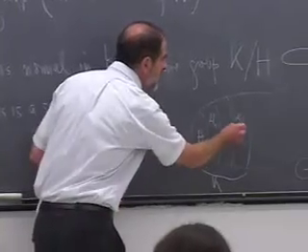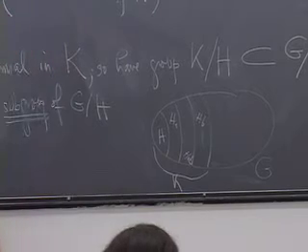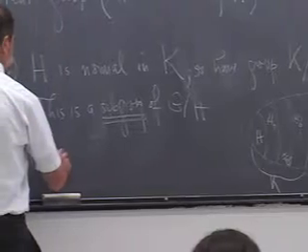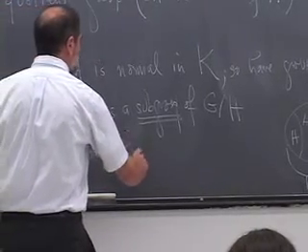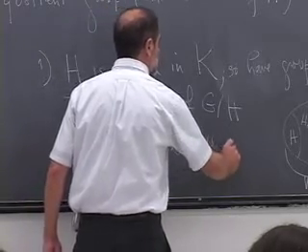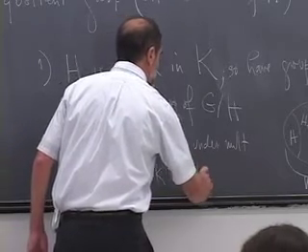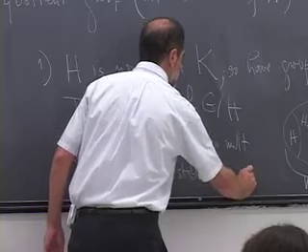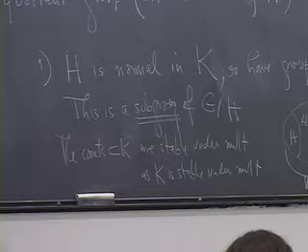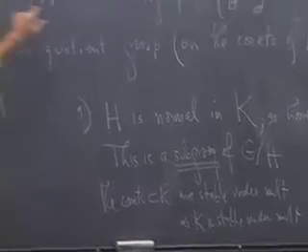Because if I take two elements in K, a and b, and multiply them, I get a new element in K, because K is a subgroup. The cosets contained in K are stable under multiplication as K is stable under multiplication. So if I have a group K containing H, then in the quotient group G mod H, I get the subgroup K mod H.